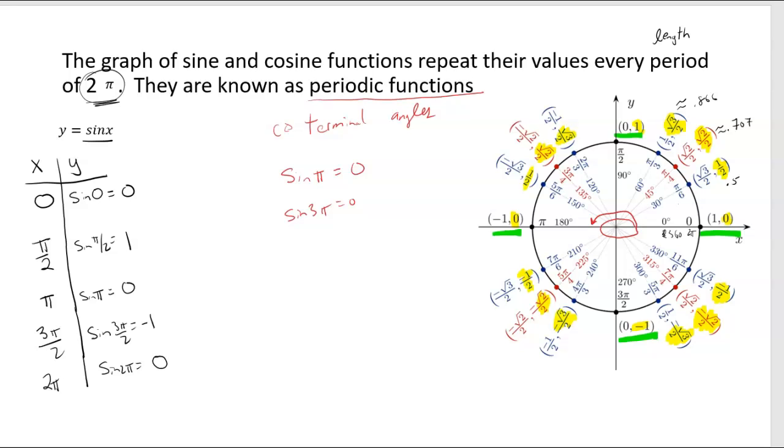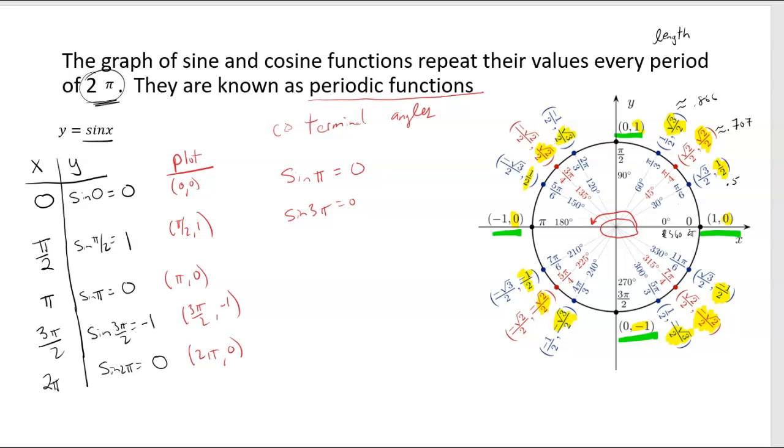So essentially, the points that you're going to plot are 0, 0; pi over 2, comma 1; pi, comma 0; 3 pi over 2, comma negative 1; and 2 pi, comma 0. So notice it's 5 points that we are going to plot.